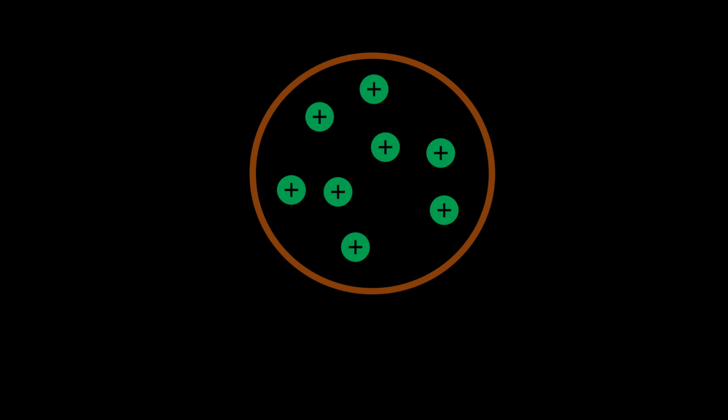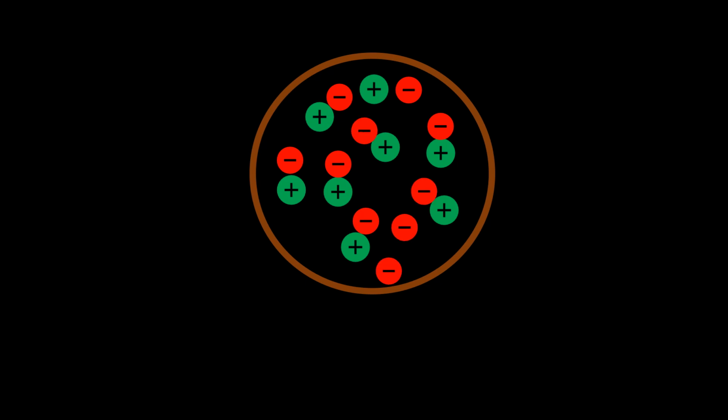In this object, we have 1, 2, 3, 4, 5, 6, 7, 8 positive charges and 1, 2, 3, 4, 5, 6, 7, 8, 9, 10, 11 negative charges. This means we have 8 protons and 11 electrons.